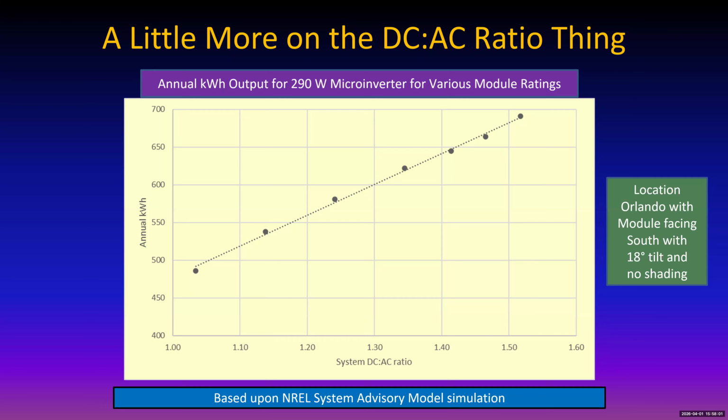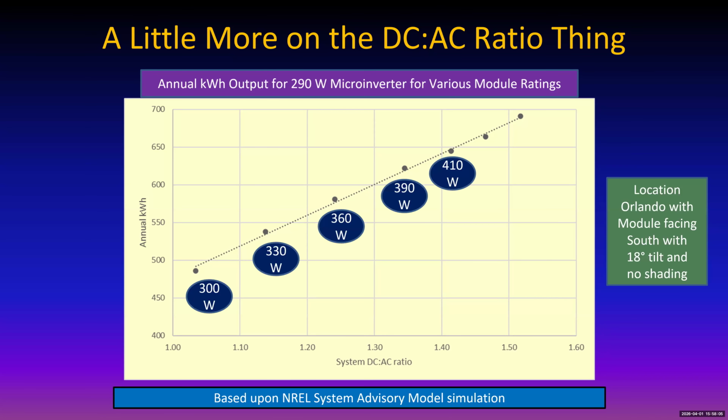In Orlando, south-facing module, 18-degree tilt. Here's the deal. This is the annual kilowatt hour output of the microinverter based on the rated power of the module connected to the microinverter. And you can see this is almost linear.